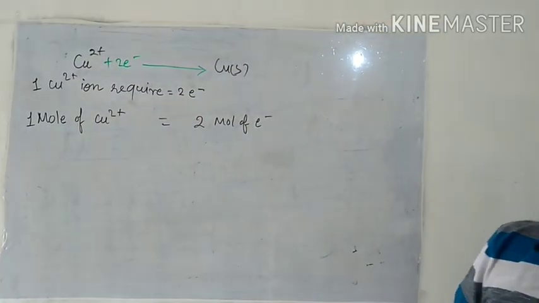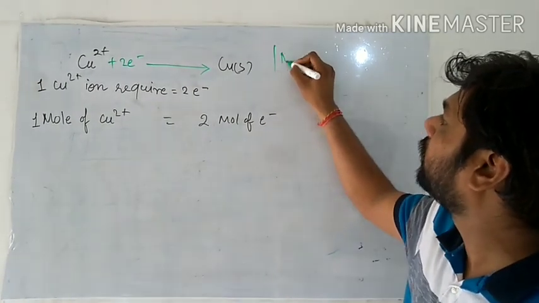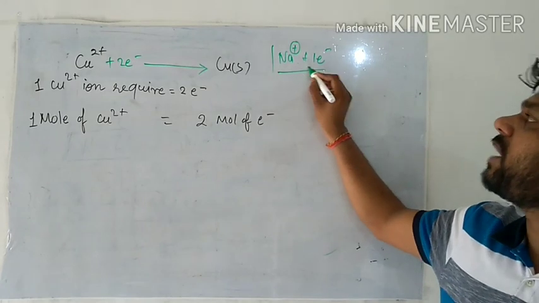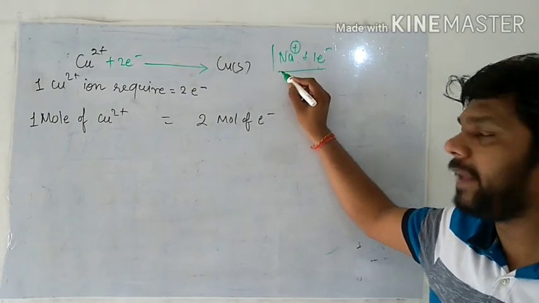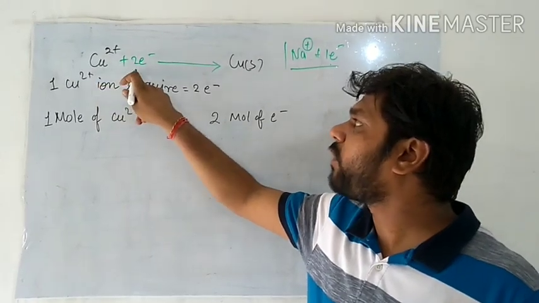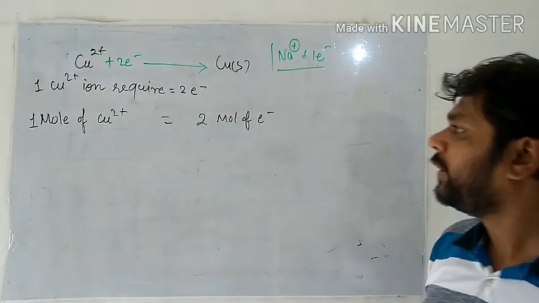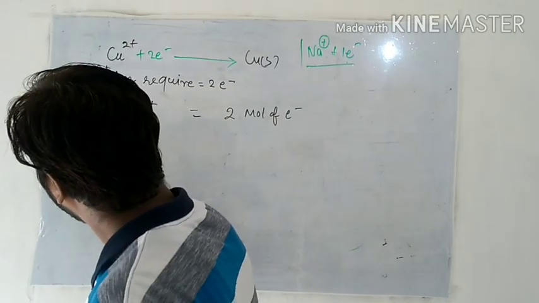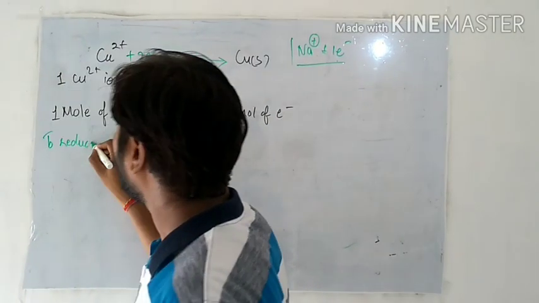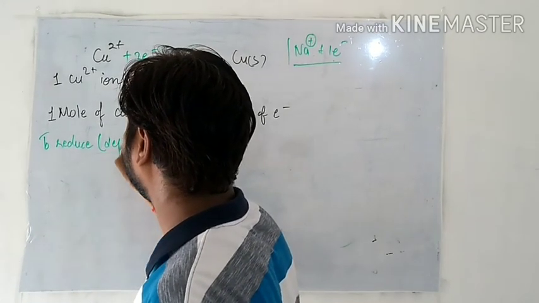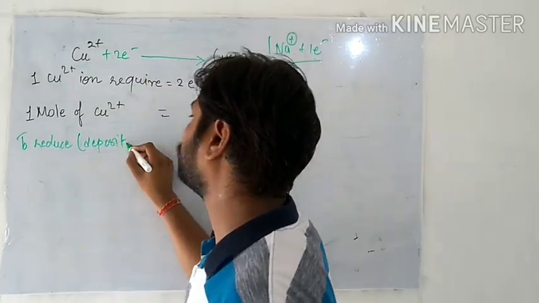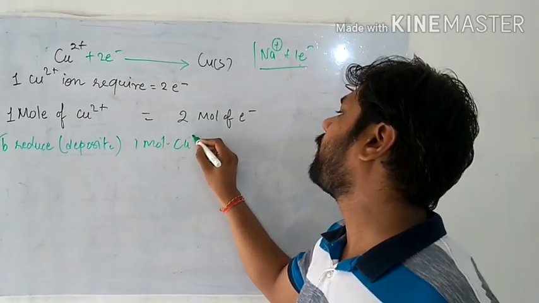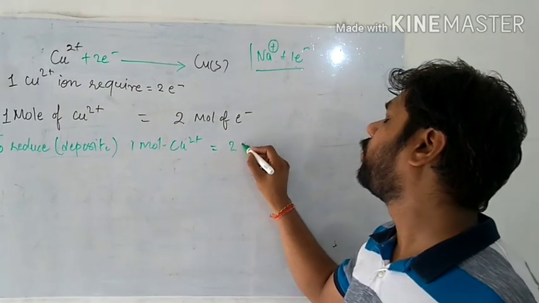Suppose we would have taken sodium ion instead of copper. Sodium ion will require 1 electron per ion, but copper ion is requiring 2 electrons per ion. So to reduce or deposit 1 mole of Cu dipositive ion, we require 2 mole of electron.